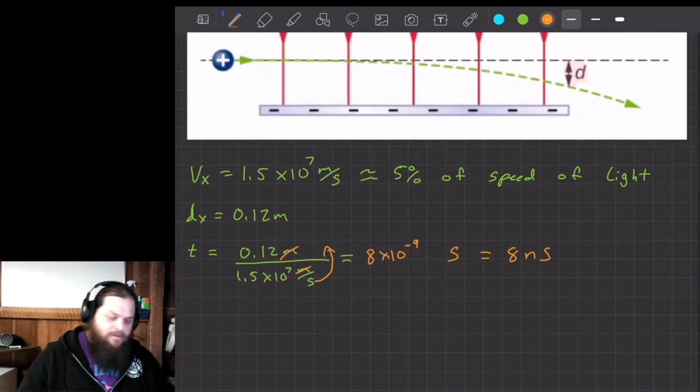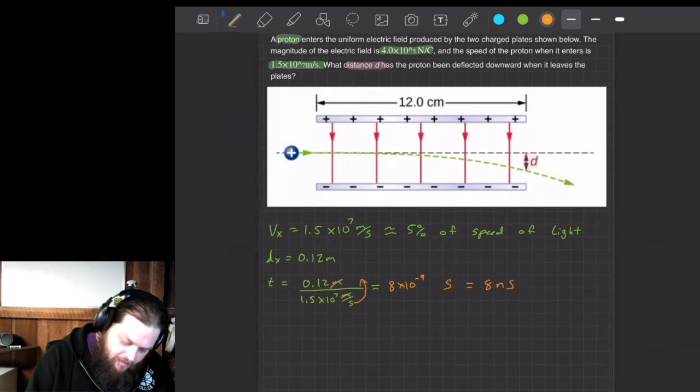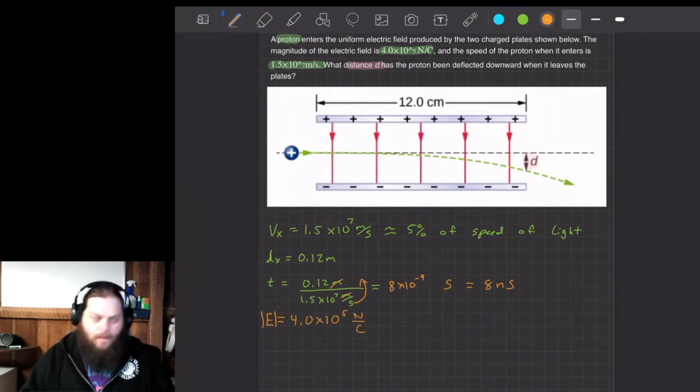deflected downwards. Now we know from our problem up here that the magnitude of the electric field is equal to 4.0 times 10 to the 5th newtons per coulomb. And from that, we can derive the force on the particle.